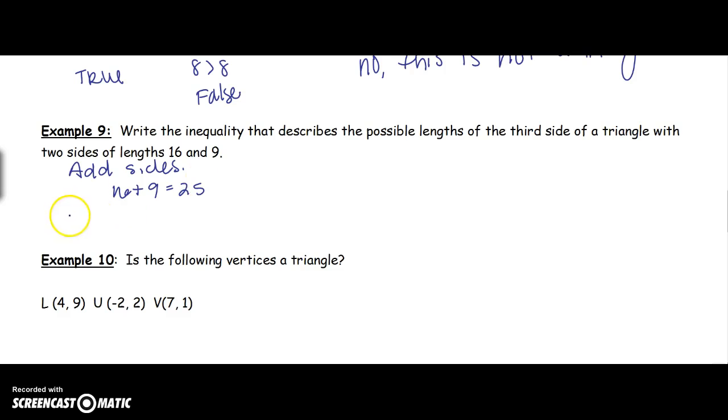If you subtract the sides, you always take the biggest number, 16 minus 9, and 16 minus 9 is 7. If you put these numbers in an inequality, that means the third side has to be greater than 7, not equal to, but greater than, and it has to be less than 25. Anything over that, it's not going to become a triangle because it's going to throw off the whole thing.